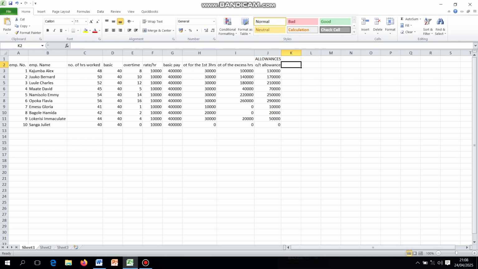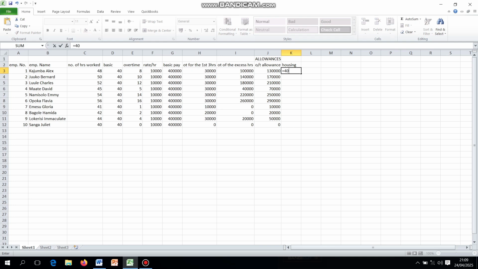So I'll come here to the next one, which is housing. So in the question we were told the housing allowance is 40% of the basic pay for all employees not staying in the university houses. So I'll come here and I will use our formula, which will be equals the 40%.